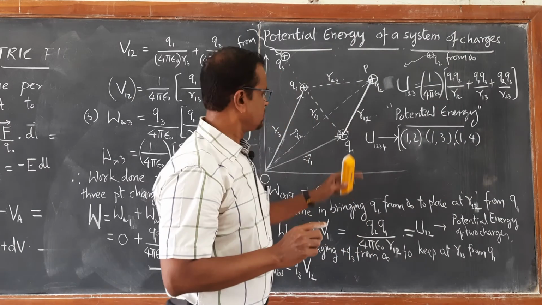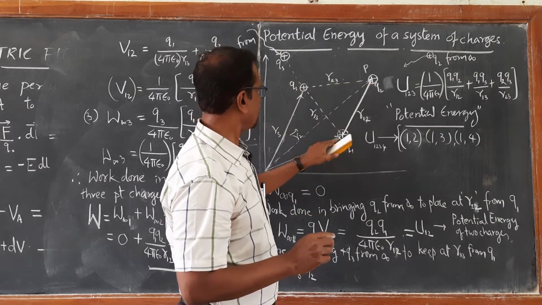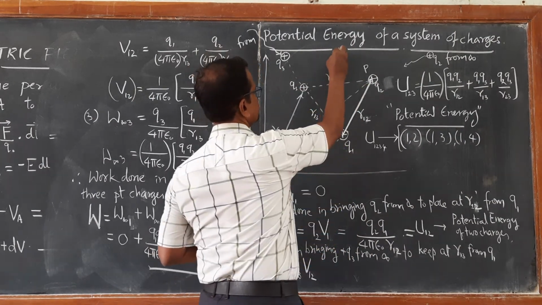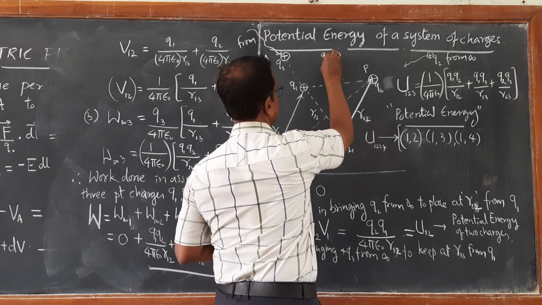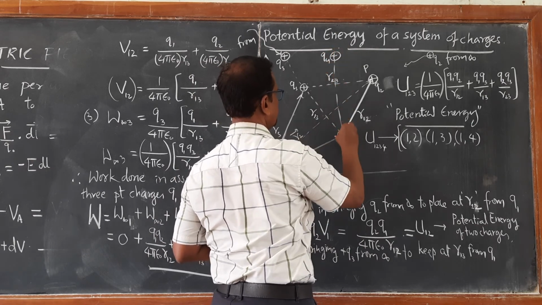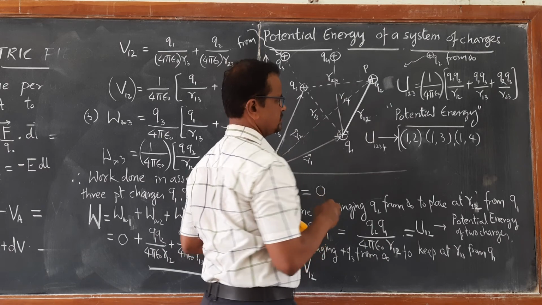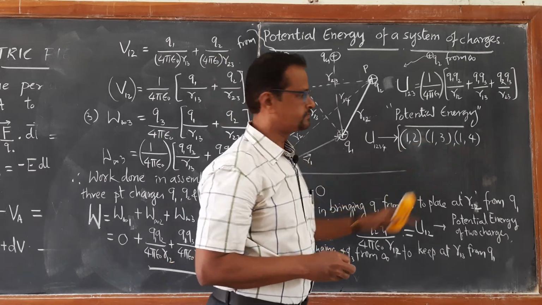This is from charge 1 to 2, 1 to 3, and let us say this is the 4th one, Q4, 1 to 4, and the distance is R14. So that is 3 terms.